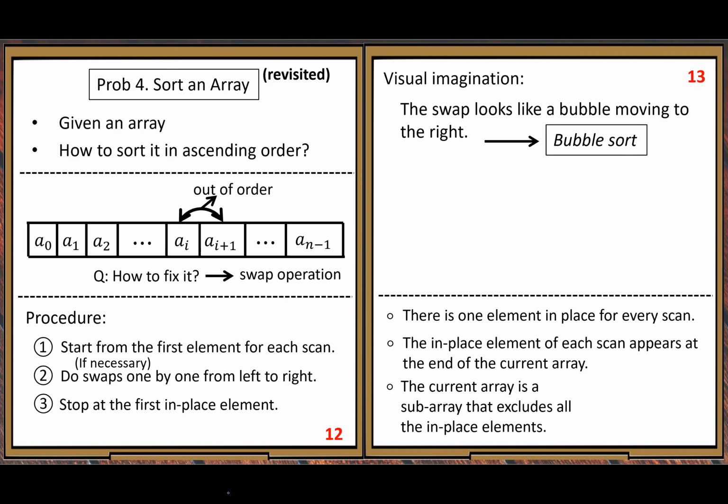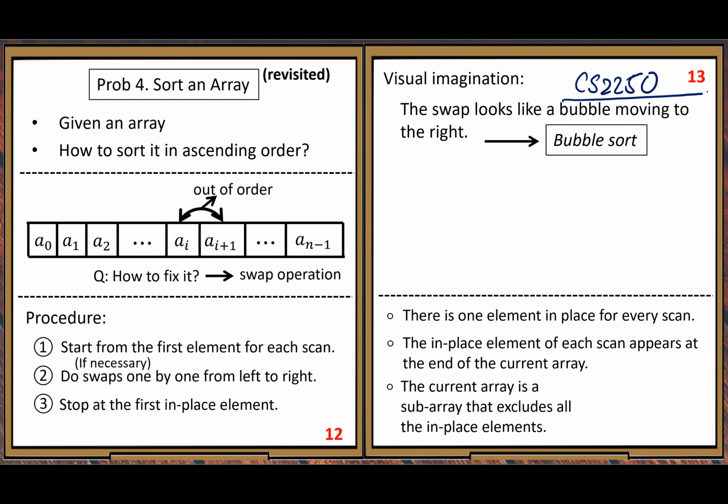In our CS3250, we learned this bubble sort before. And in many programming languages, this bubble sort is actually implemented.